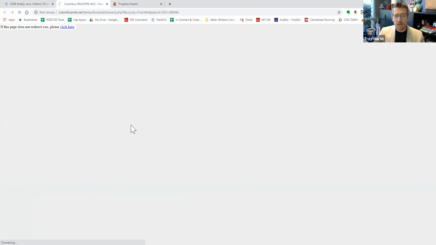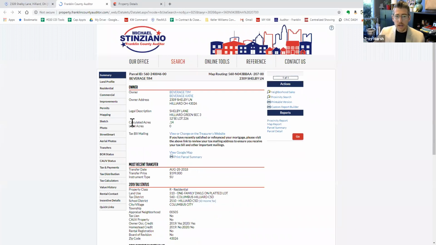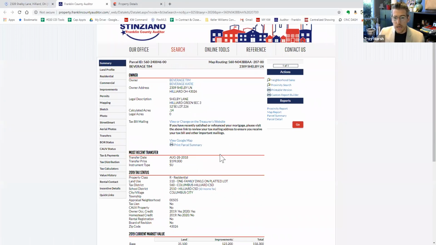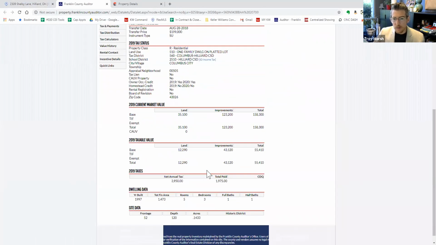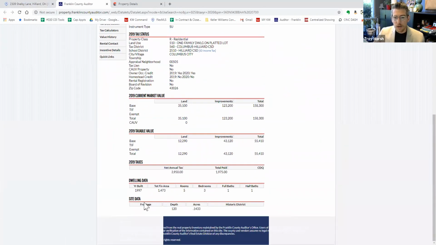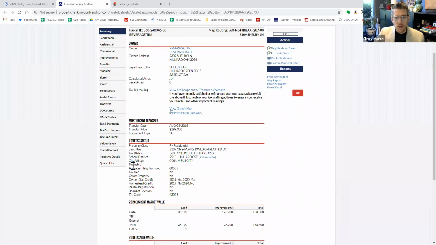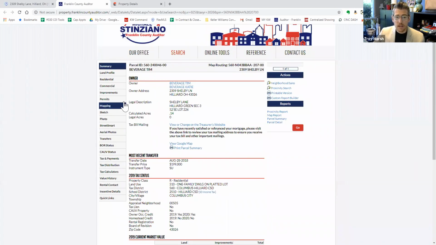And then when I click on the county link, it's going to take me to the auditor's page. Again, I'm just verifying what's going on here, verifying the lot size, and also looking at what the auditor's got here. The biggest thing that I like to look at on here was the taxes.